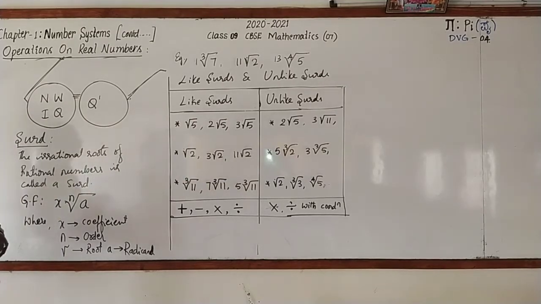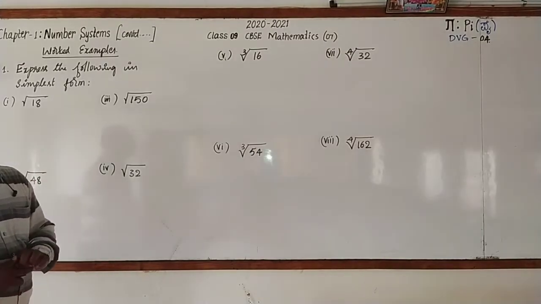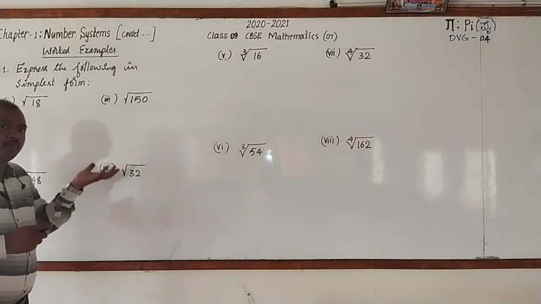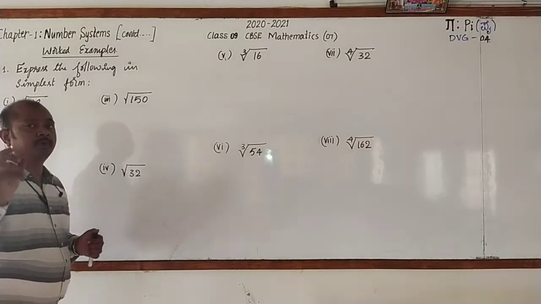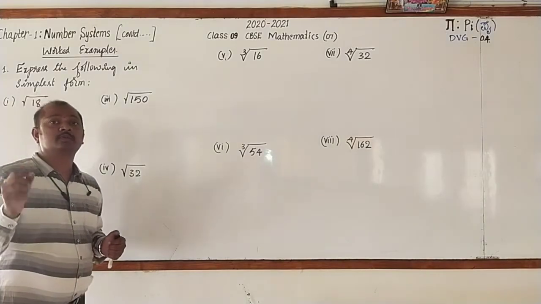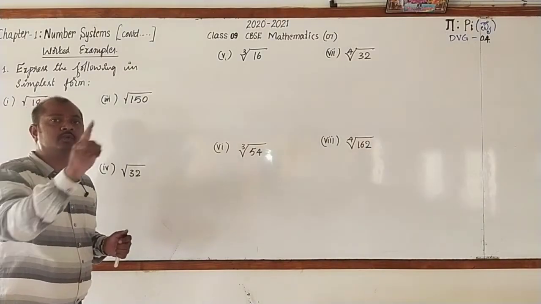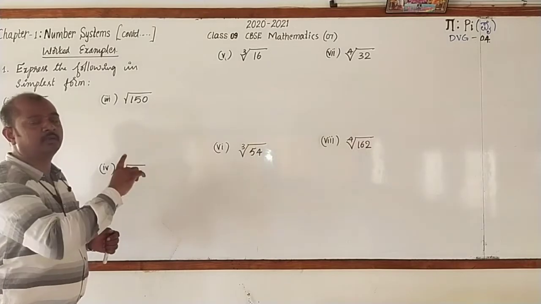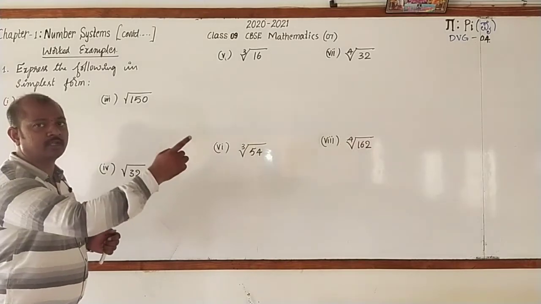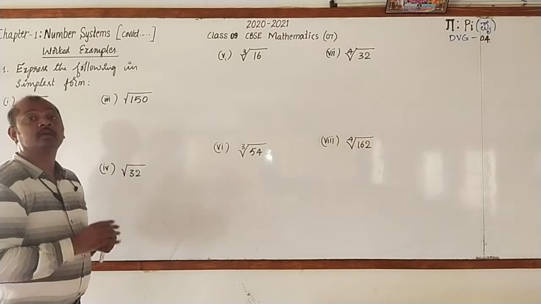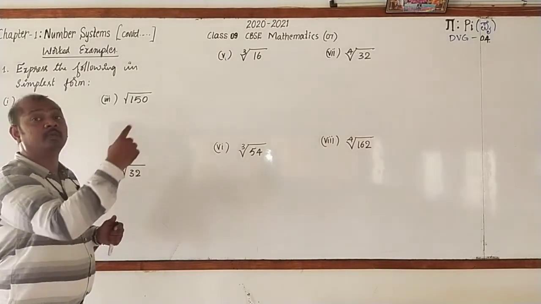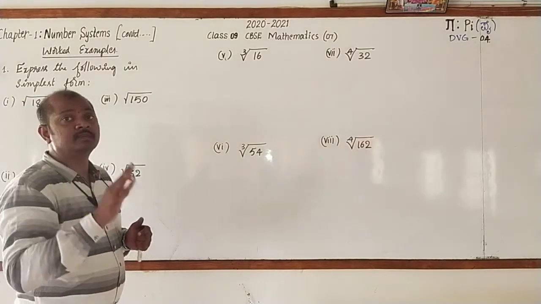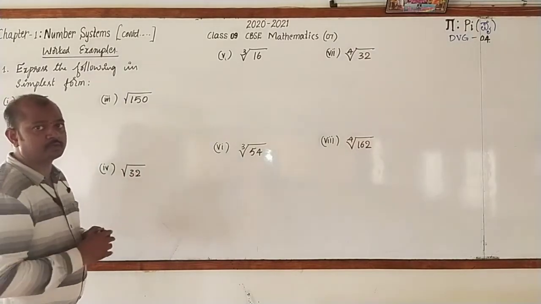Dear students, before going to operations on real numbers, we need to know a few more things. One more piece of information: it is better to have good knowledge of the squares of the numbers from 1 to 25. That is, 1 square is 1, 2 square is 4, 3 square is 9, 10 square is 100, 15 square is 225, 21 square is 441, 24 square is 576 and 25 square is 625.